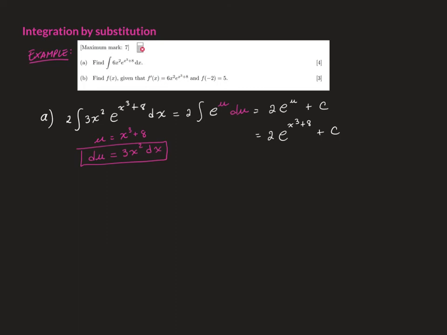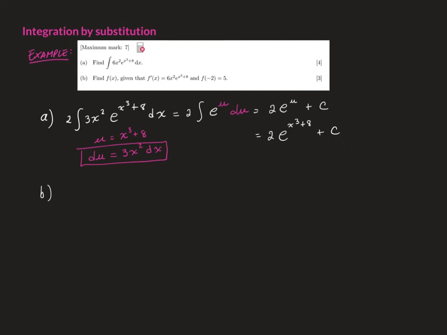Now for b, find the function given that the derivative is equal to 6x squared e to the power of x^3 plus 8. Notice how this is the exact function that we had before. Therefore, f of x is going to be the result of the integral that we just did.